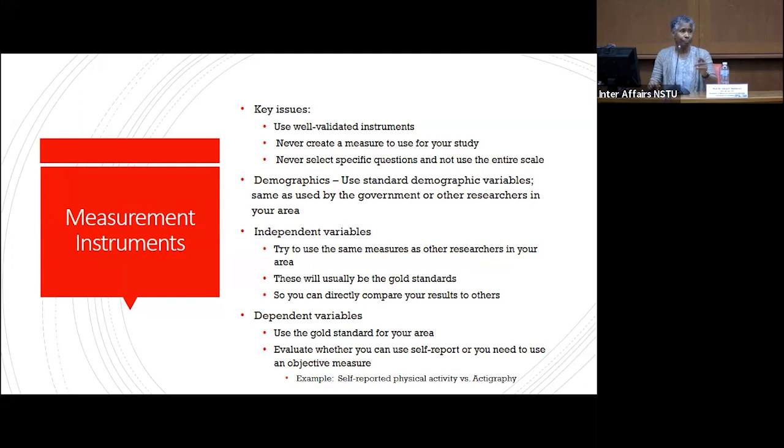Okay. I have a question about how we can identify the gold standards of the measure. Does it have to be a well-known measurement, or can it be some scale that's valid enough? Yes. So usually, you might have 5 options. There might be 5 quality of life measures in your country.